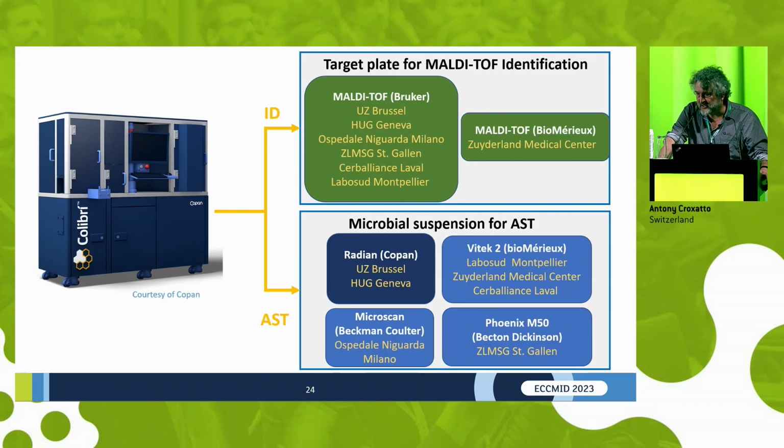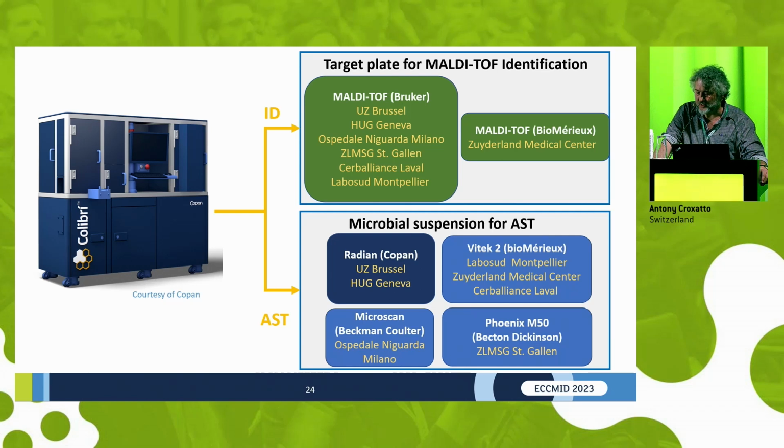So the Colibri is connected to different systems for identification, and AST is preparing target plates for MALDI-TOF identification for the MALDI-TOF of Bruker, most of the labs, and for the BioMérieux system in the Duberland Medical Center.